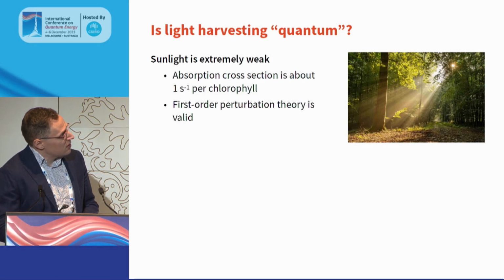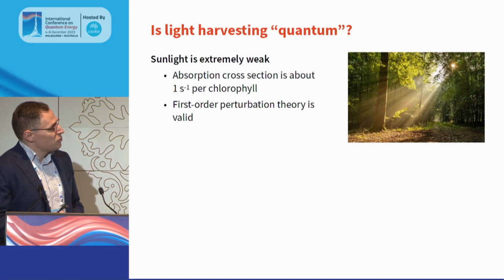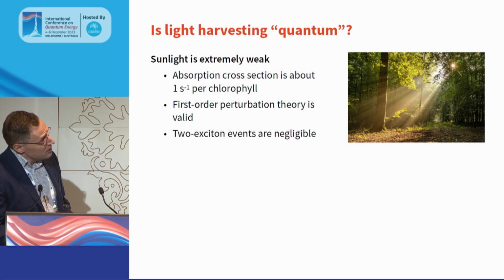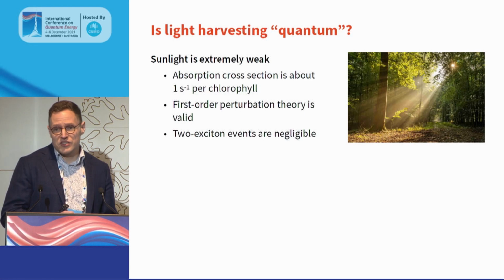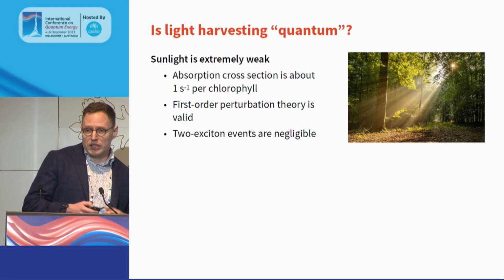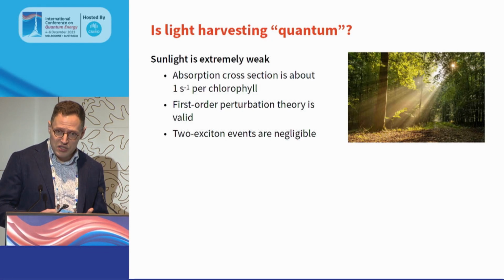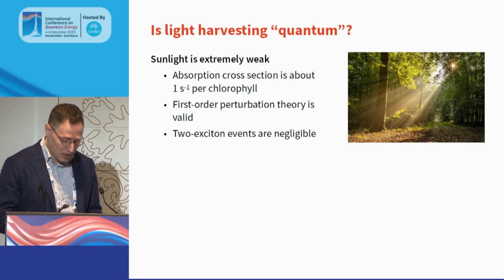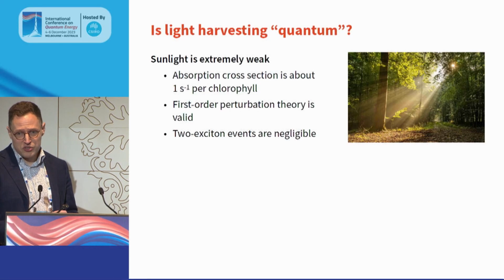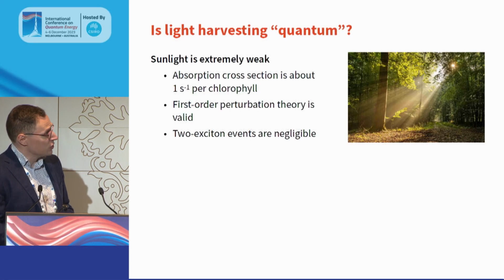What that means is that you can use first-order perturbation theory, and that means that 2-exciton events are negligible in sunlight. You can get 2-exciton events in a laboratory experiment, but they're irrelevant for performance if you want to convert solar energy into something useful.